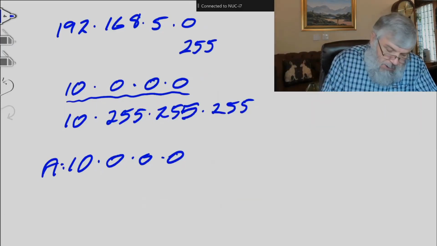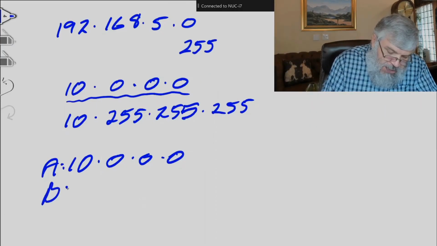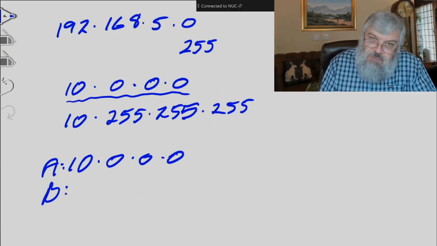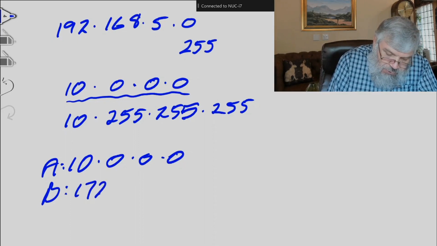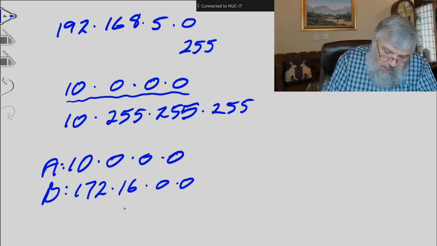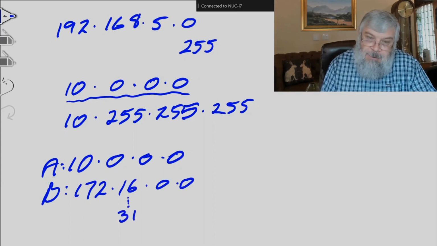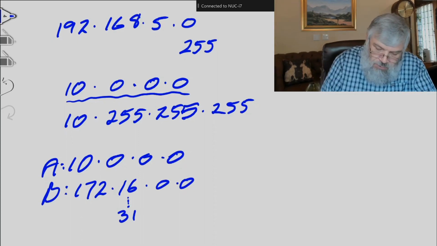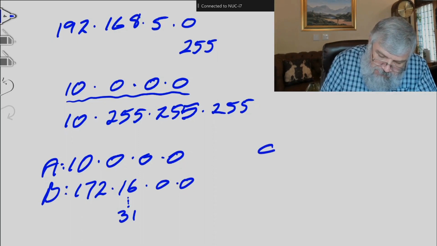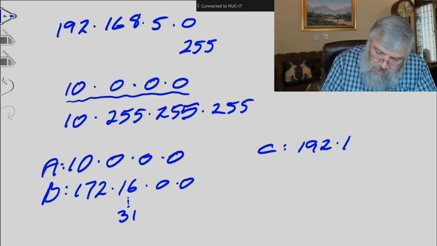In the B block, a range of addresses have been allocated for private use, and they are 172.16.0.0, and it goes all the way down to .31. In the C block, they've even been more generous. They've allocated 192.168.